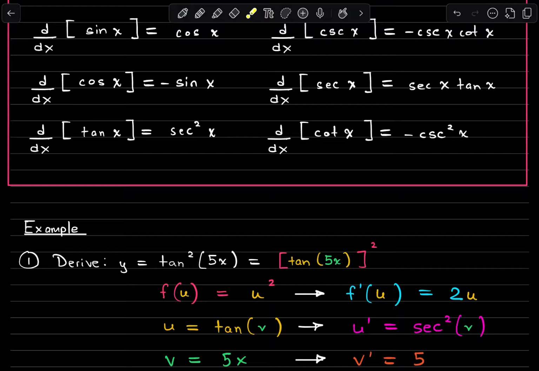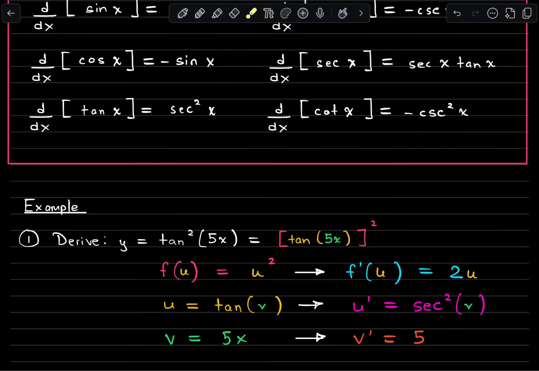So the derivative of tangent of v, as we've just seen, in general, derivative of tangent of x is equal to secant squared of x. So tangent of v, the derivative, is going to become secant squared v. And finally, v itself is 5x. Its derivative by power rule, or you can say constant multiplier rule, is just 5.